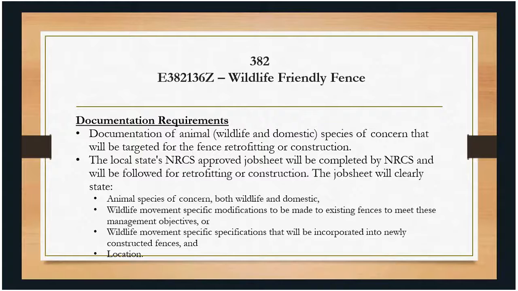The job sheet needs to clearly state the animal species of concern, the wildlife movement specific modifications to be made to those fences, and how those are meeting management objectives, the wildlife movement specific specifications that will be incorporated into newly constructed fences, and the location.